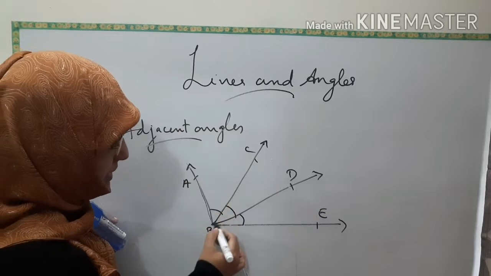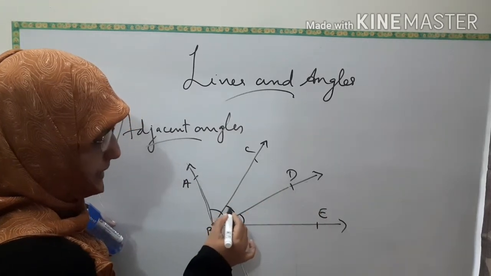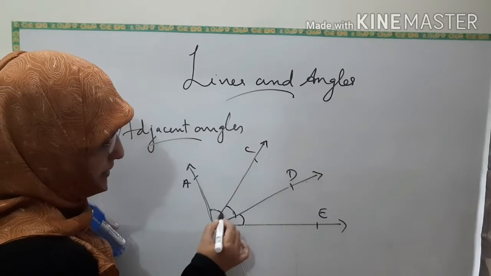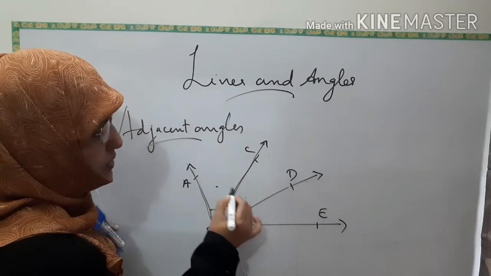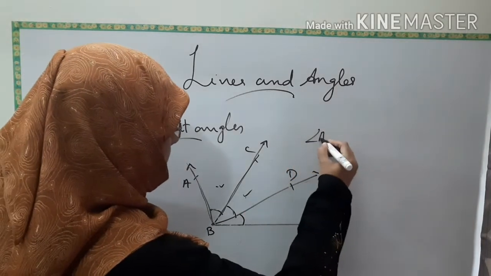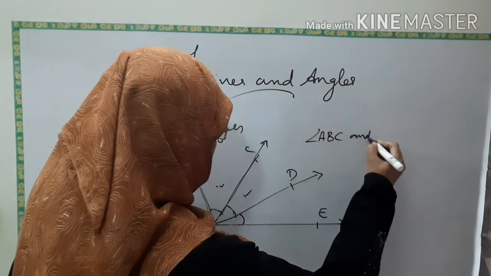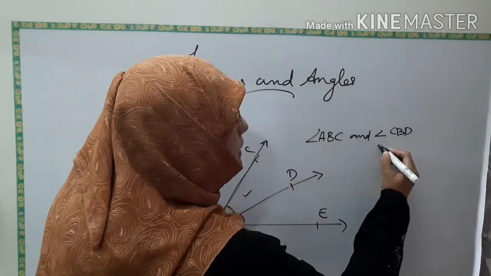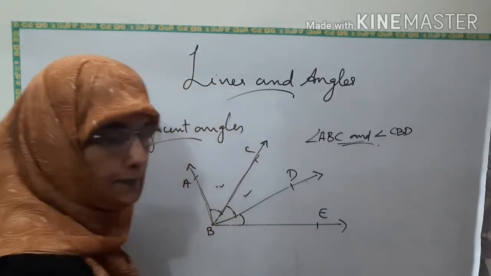In this angle ABD, two angles are there, isn't it? Common vertex for all the angles, and this BC is common for these two angles. So angle ABC and angle CBD are adjacent, isn't it?